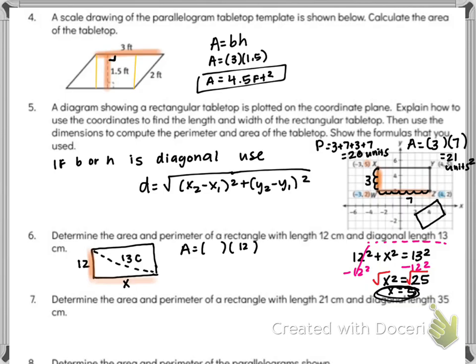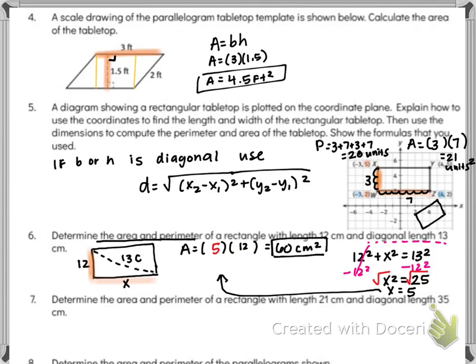Your answer is 5, and then on your test, we don't have multiple choice, so you just put that 5, and you would end up getting this one wrong because I'm not really answering the question. I want area and perimeter, so we need to take that 5 and put it back into the area formula, because remember, that X was our base, so we're going to put that 5 right here. So our area is 5 times 12, which is 60 centimeters squared. That's your actual answer for this question, okay?